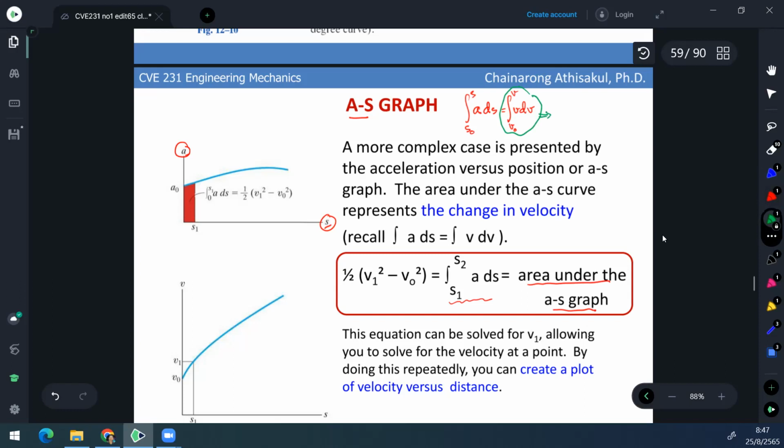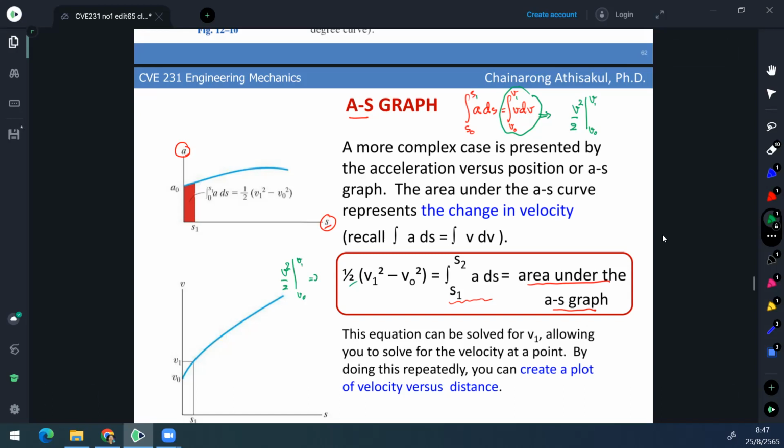But for the integration of this term, when we integrate it, we obtain v squared over 2 from v0 to v. So from v0 to v1, we obtain this equation, that is a half of v1 squared minus v0 squared, if we change the limit of the equation to this, and s to be s1.